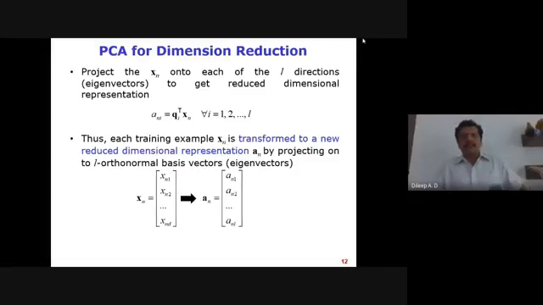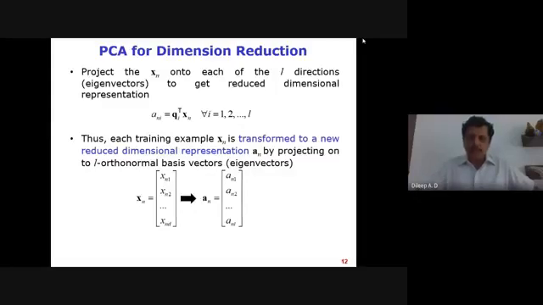Since I consider those L directions having the maximum variance, they hold the maximum information content. The transformed vector A that I'm getting here consists of the maximum information content. That is what is being guaranteed.